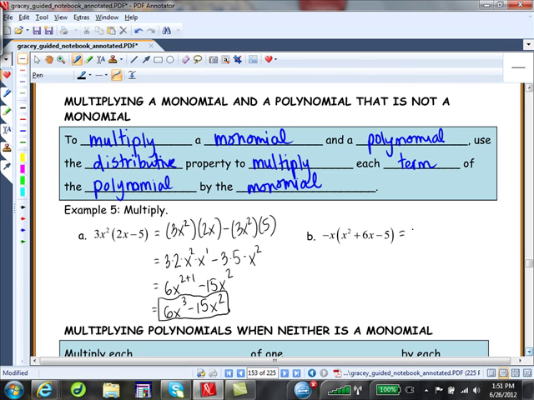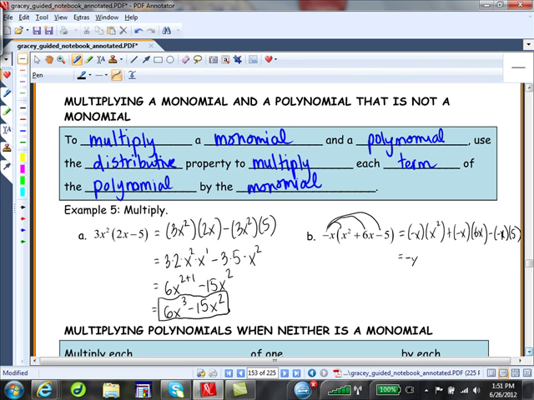So we'll have negative x times x squared plus negative x times 6x minus negative x times 5. So I distributed the negative x to these three terms.